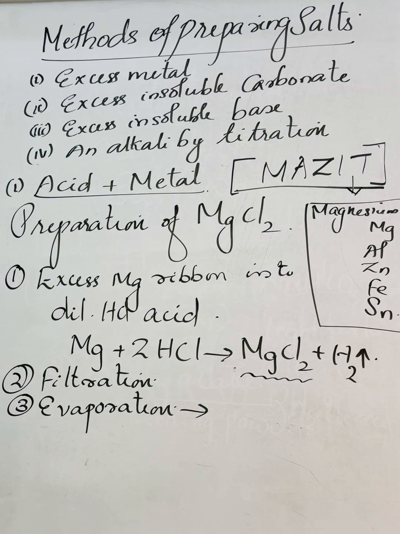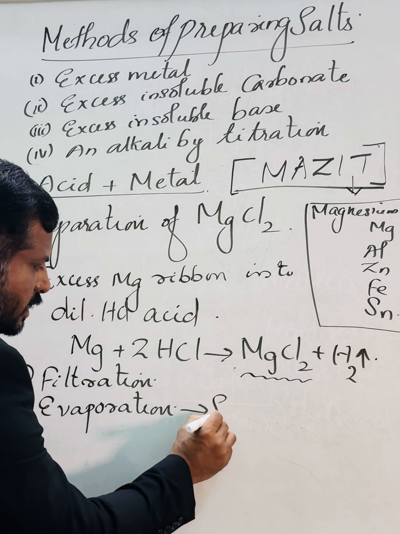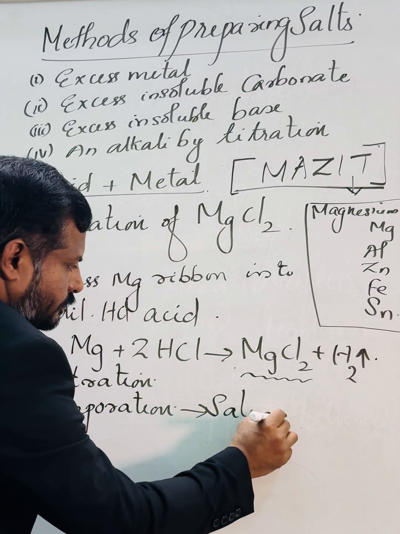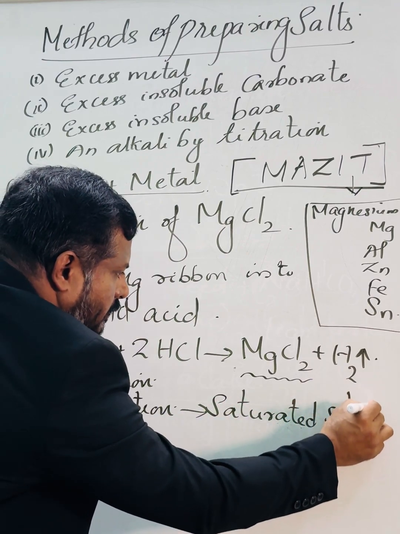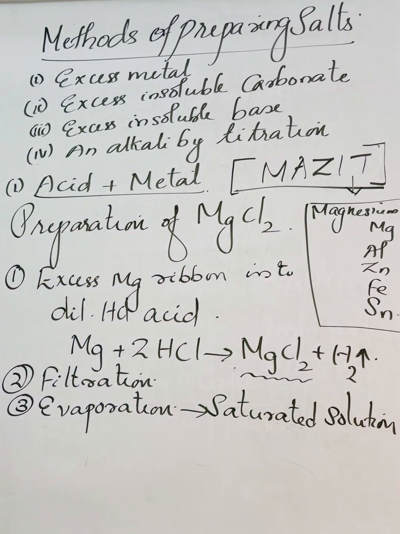That means this magnesium chloride solution is evaporated slowly to form a saturated solution. Now you get the hot saturated solution of magnesium chloride.